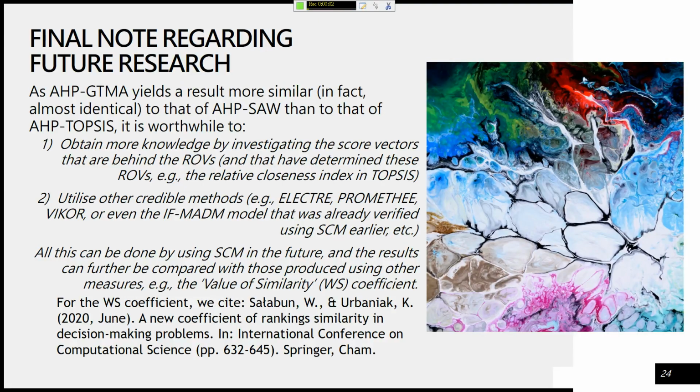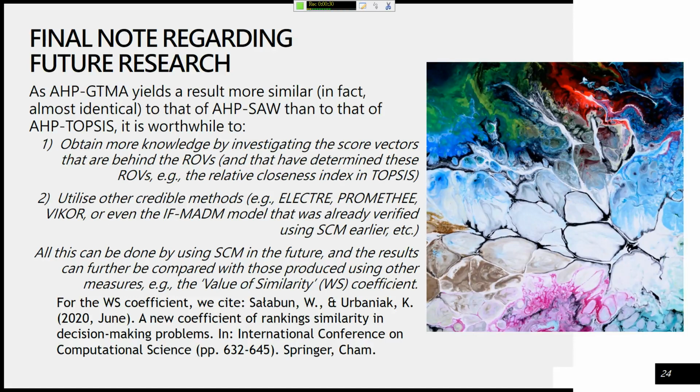Besides, because the ranking result from using AHP-GTMA is shown more similar to that of AHP-SAW than to that of AHP-TOPSIS, it is worthwhile to explore other messages that are behind the ROVs. For example, the score vectors that are used to determine those ROVs.